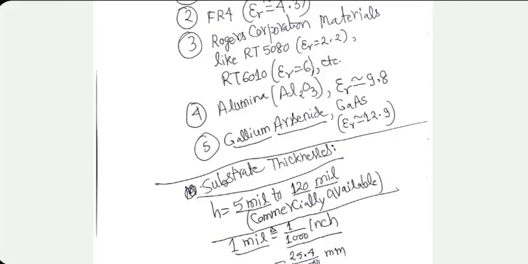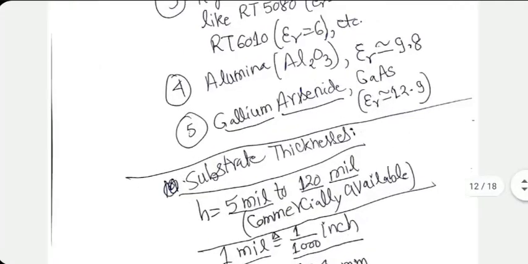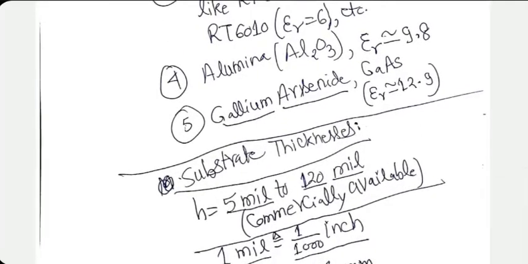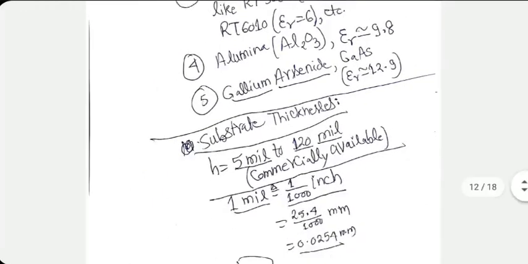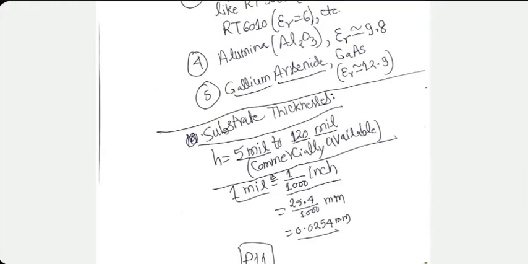The thickness that you get in the market for these materials can vary anywhere from 5 mil to 120 mil. Now you will be asking what's mil? Mil is a unit used in industry. It is 1 inch divided by 1000.